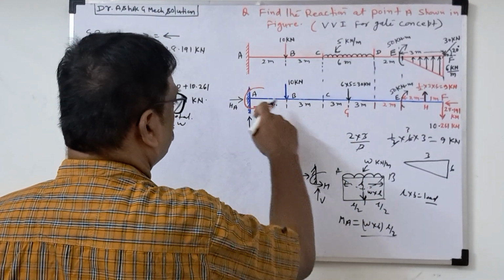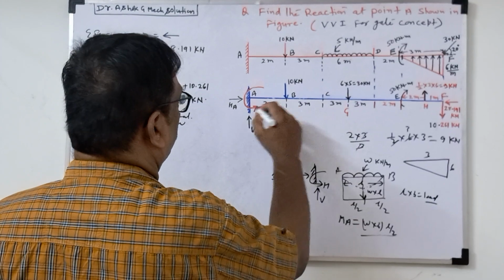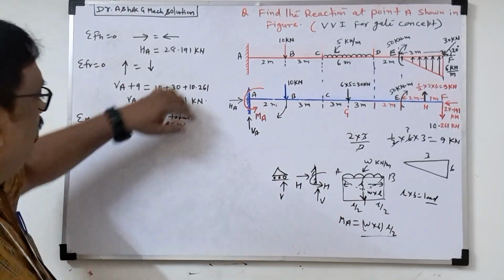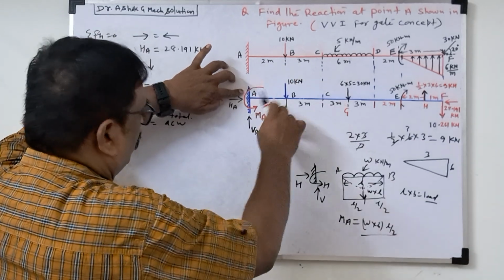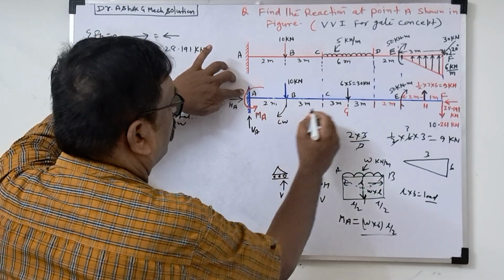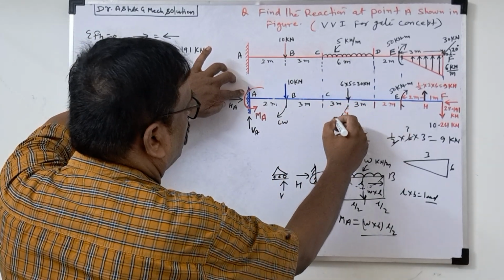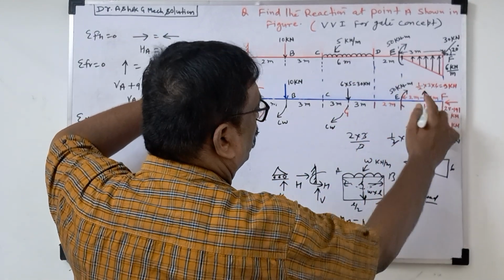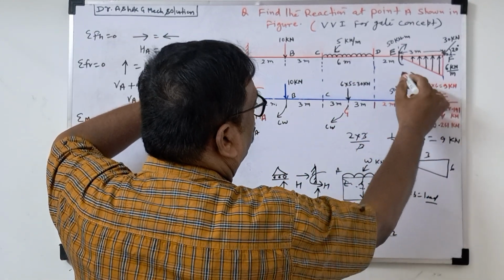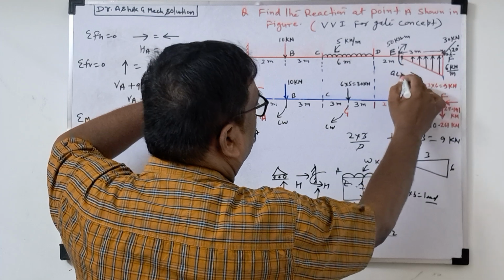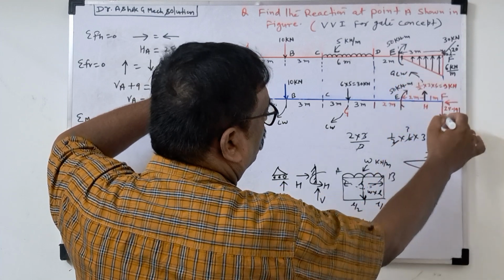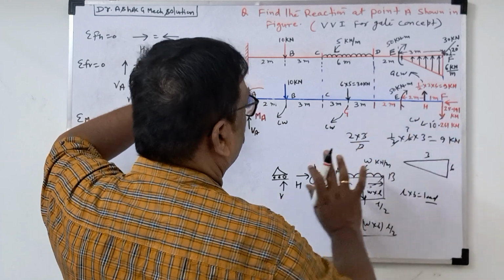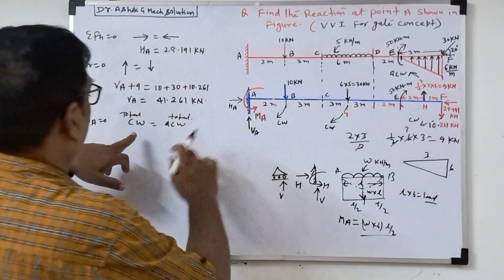If we take moment about A, this rotates clockwise, so write it here as clockwise. This also rotates clockwise. This will go anti-clockwise. This again will come clockwise. So total clockwise.